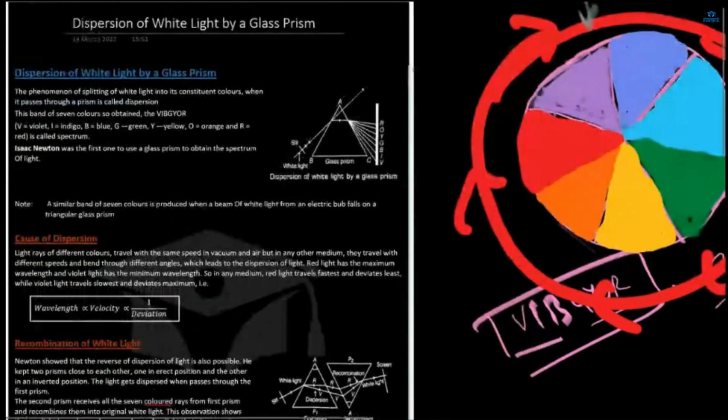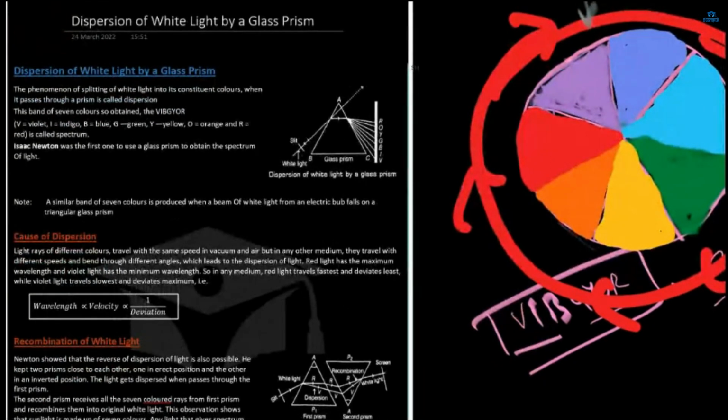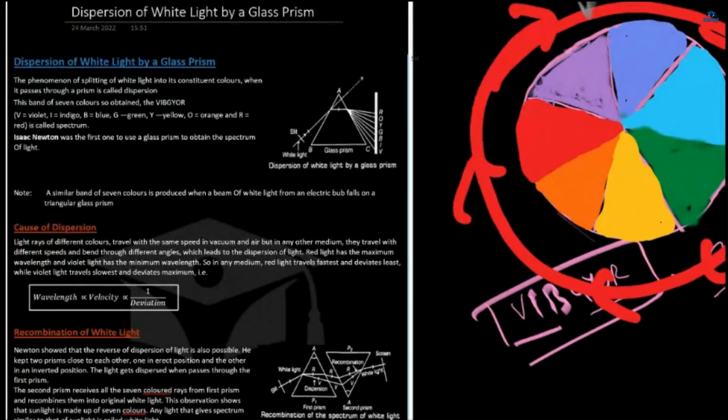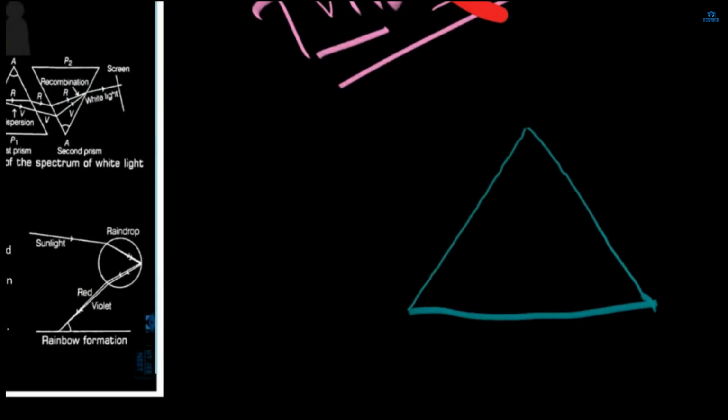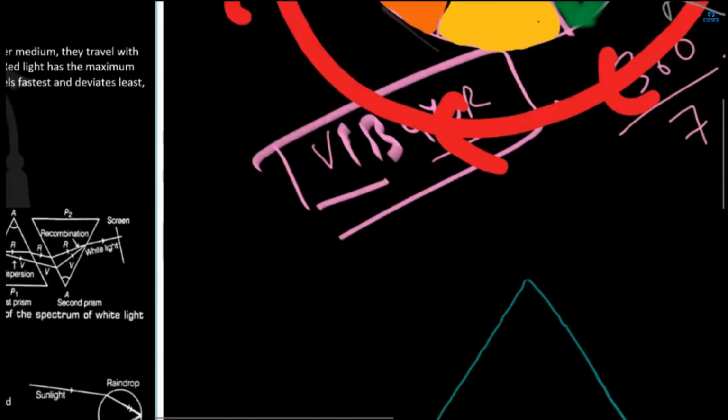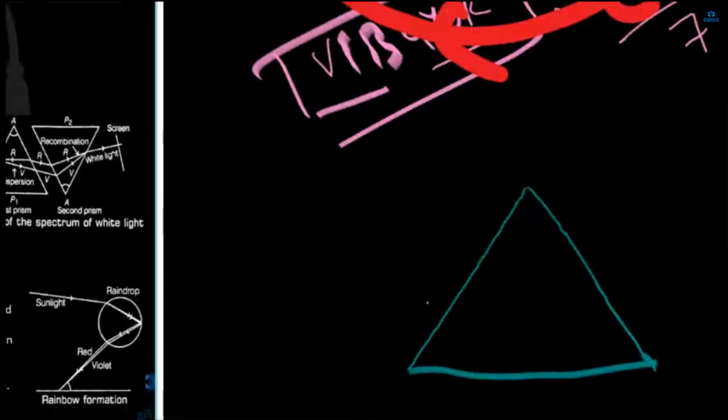Now this is the path of white light. Now we'll throw this white light into the prism and see what happens. So we'll take a prism and let the white light be incident on it.